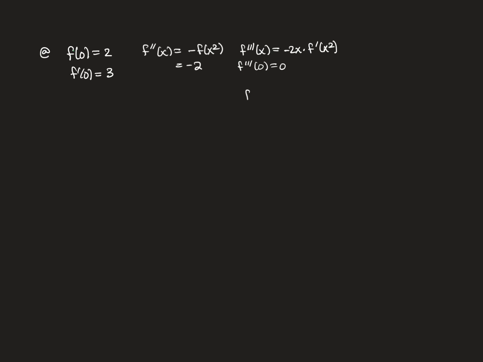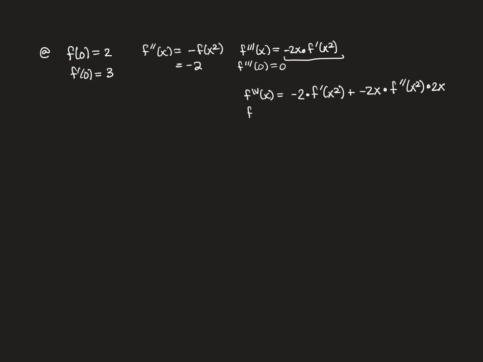And then lastly, we have to find the fourth derivative. The fourth derivative would be the derivative of this one. And notice that's a product rule. So the derivative of the first piece, copied on the second piece, plus the first piece copied, derivative of the second piece, so it'd be the second derivative of that, and then chain rule, the derivative of the inside.